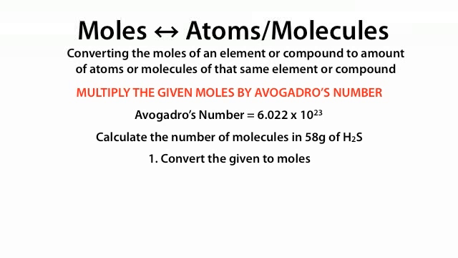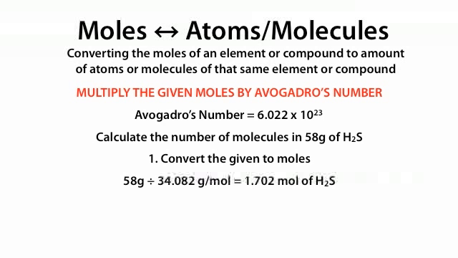We've talked about converting mass of an element to moles of an element by dividing the given mass of the compound by its molar mass. So we're going to divide 58 grams by the molar mass of H2S, which is 34.082 grams per mole, and we get 1.702 moles of H2S.